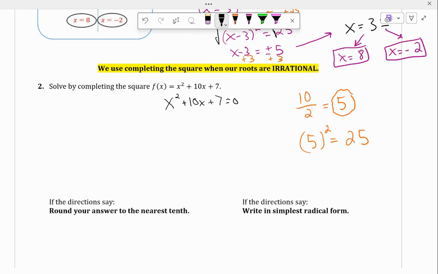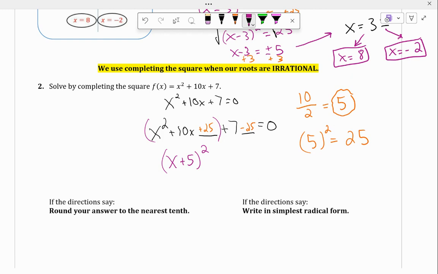And let's make our perfect trinomial into two binomials. So I have x squared plus 10x, space, plus 7, space, equals 0. I'm going to put in my 25, so it's plus 25 minus 25. Notice this is a perfect trinomial, and that means that will be x plus 5 squared, which is good.